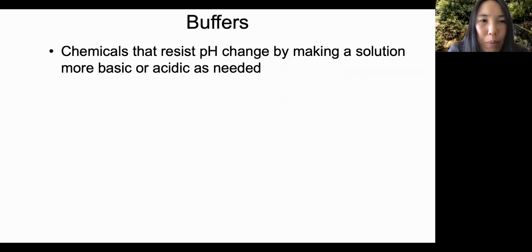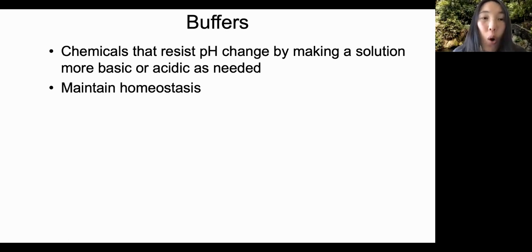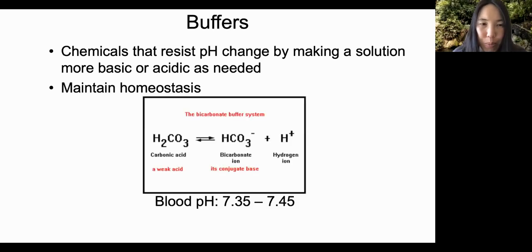Now, importantly, let's talk about buffers. They are chemicals that resist pH change by making a solution more basic or acidic as needed. And they're extremely important because they help your body maintain homeostasis, or a properly balanced pH. Take blood, for example. Your blood should be at a pH of 7.4, which is slightly basic.